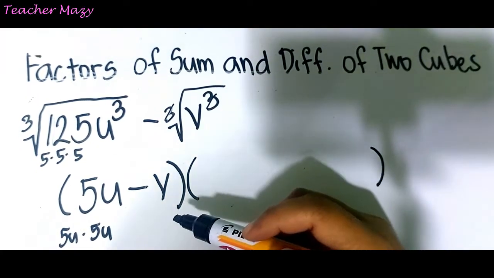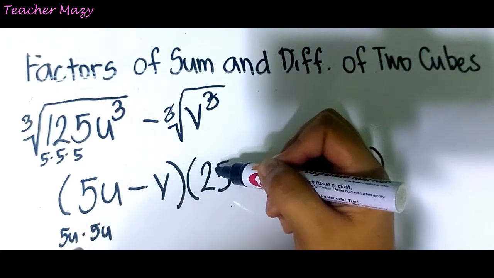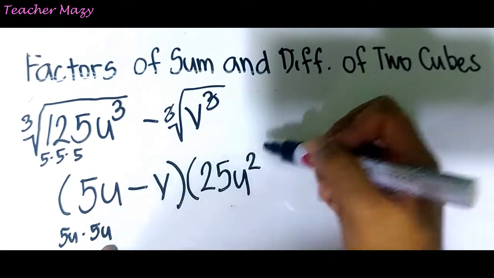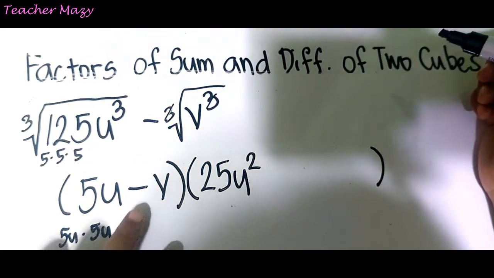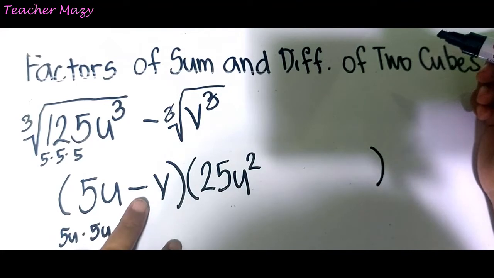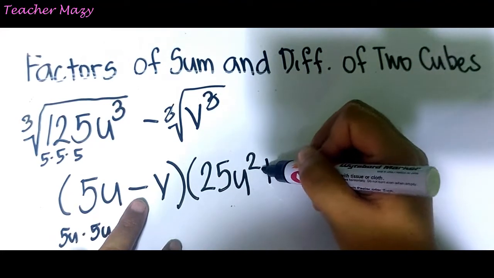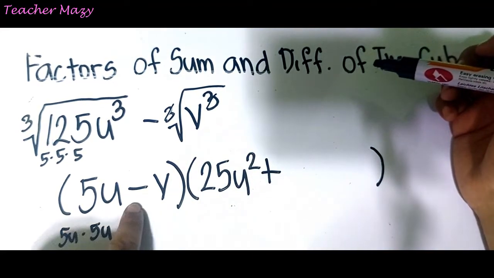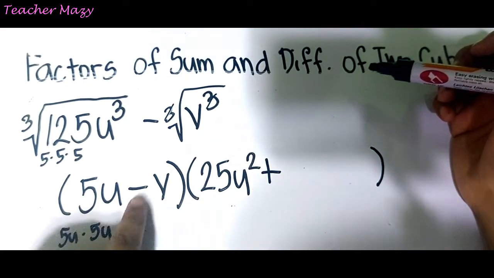So 5 times 5 is equal to 25, and u times u is equal to u squared. Next, since this is a subtraction, that means our next operation here is addition. So sum and difference, always the reverse of the operation here.